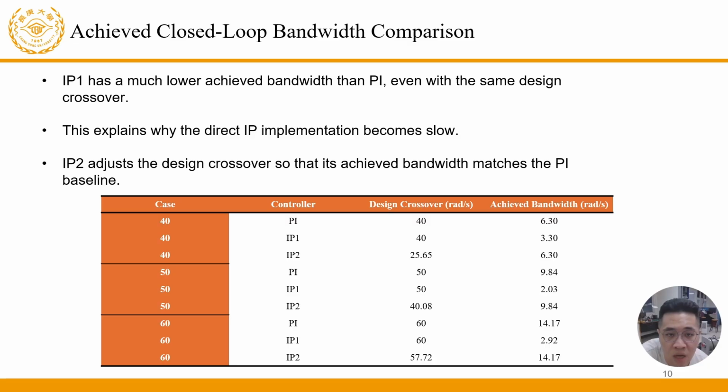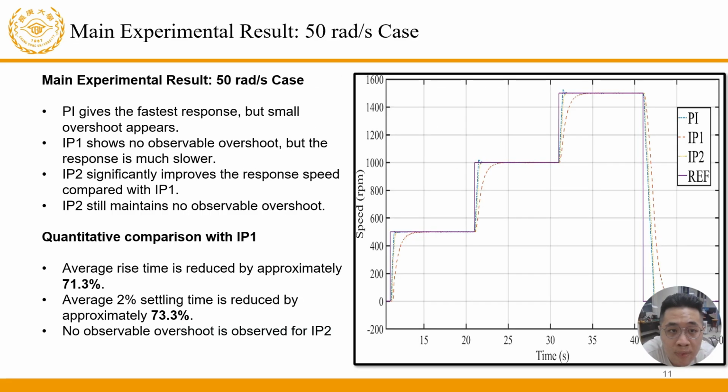After tuning, IP2 increases its bandwidth, and its value becomes very close to the PI case, so IP2 successfully recovers the lost bandwidth. This slide shows the main experimental result.